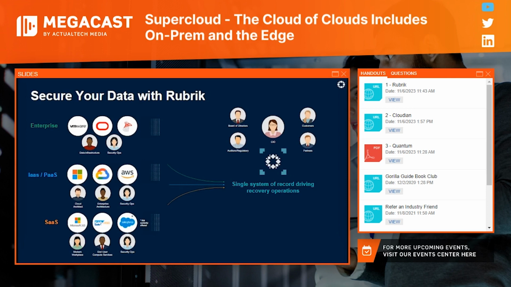Where does your data live? Where is it available? What are the attack vectors on your data? And how do you protect yourself from those attack vectors and ensure that you can use your protected data for recoveries, both in the cloud and on-prem?